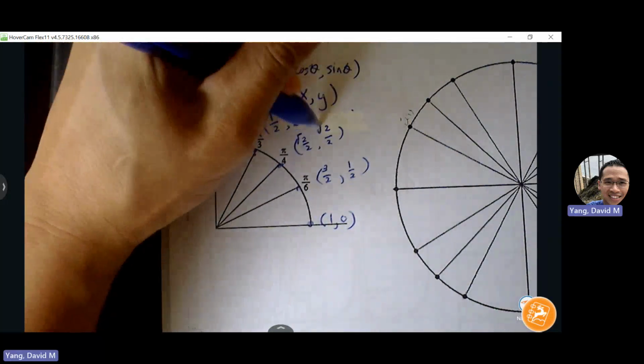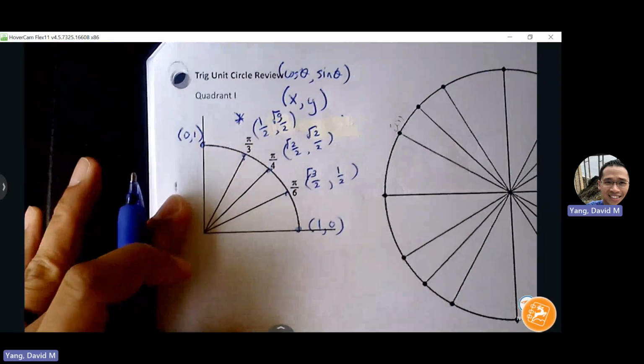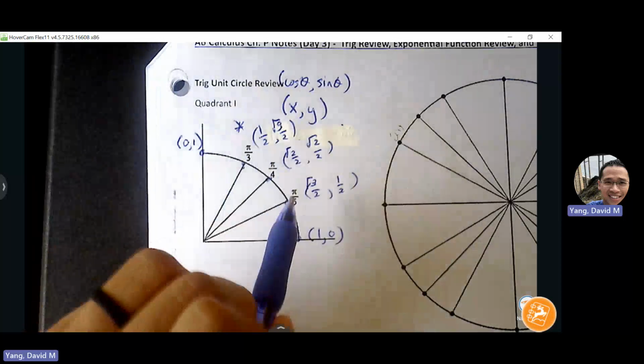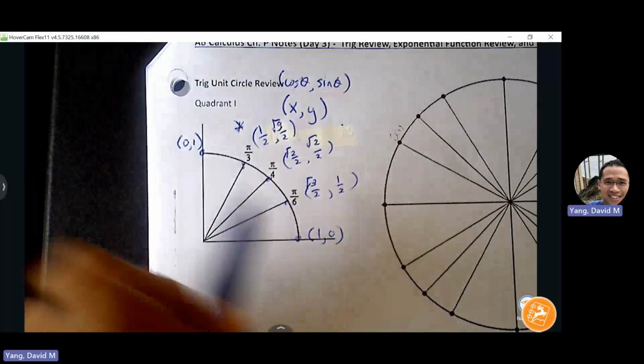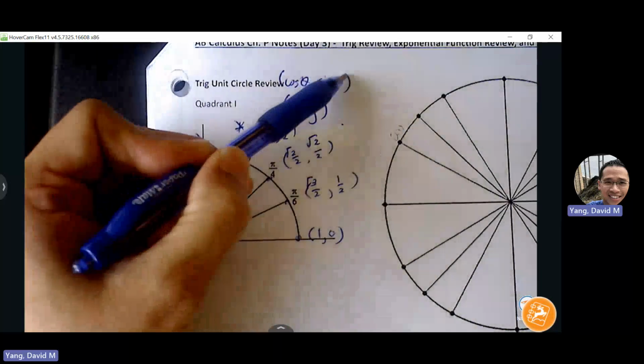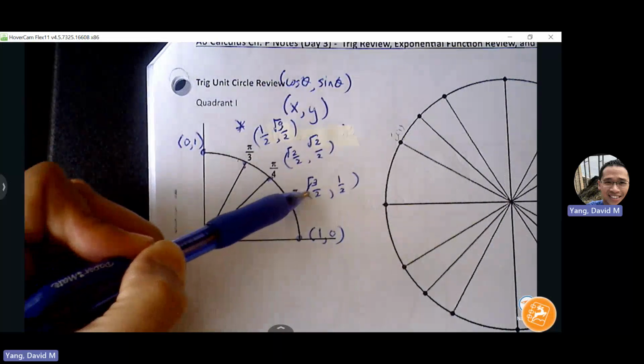Put square roots over all the numerators except for the 1, because I know the square root of 1 is just 1. So I can quickly identify sine and cosine of each of these radian measures, right? Cosine of pi over 3 is 1/2. Sine of pi over 4 is root 2 over 2. Cosine of pi over 6 is root 3 over 2.